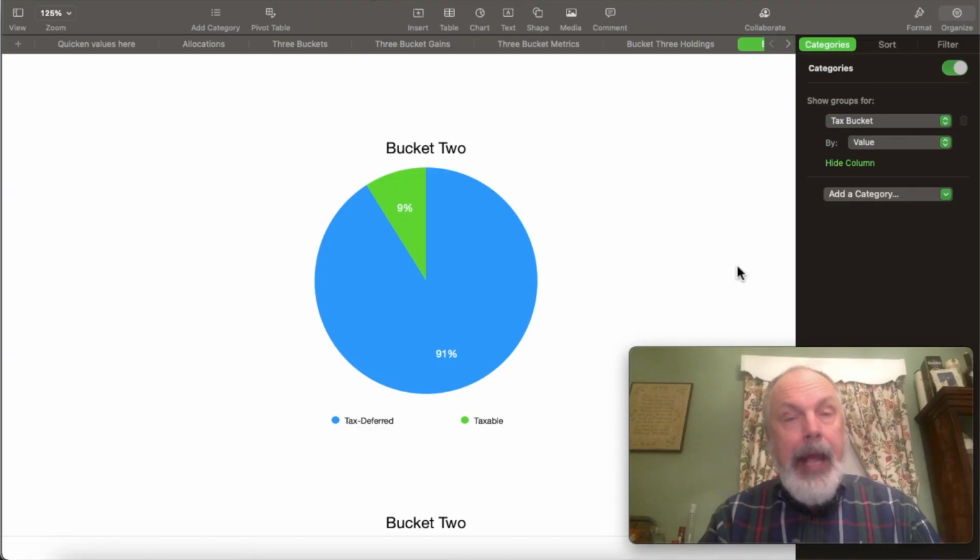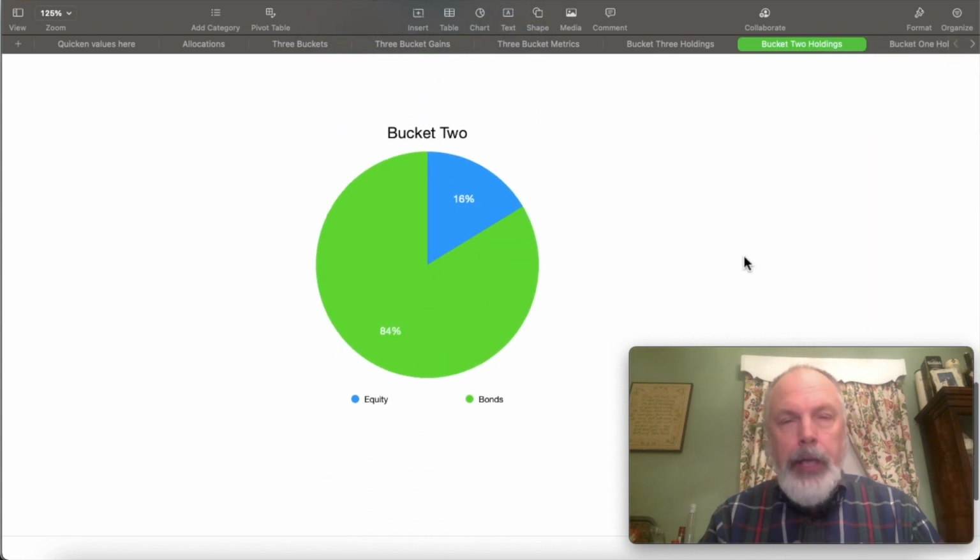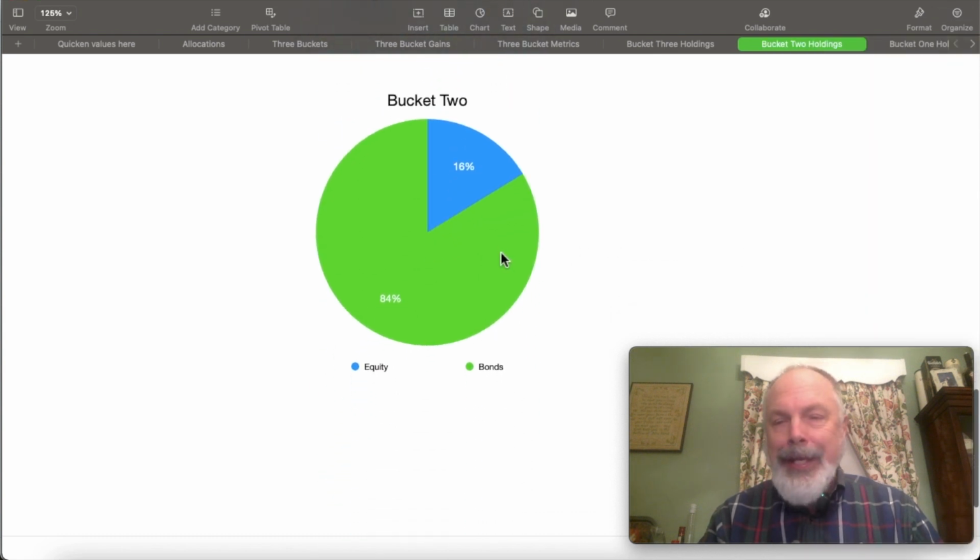So it allowed me to take the assets in bucket 2 and divide them automatically into taxable and tax-deferred assets. 9% of the assets in bucket 2 are in taxable accounts, and 91% are in tax-deferred accounts.